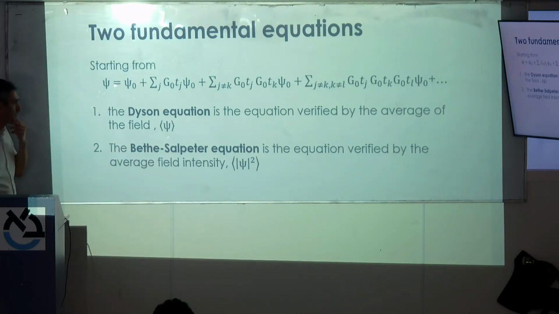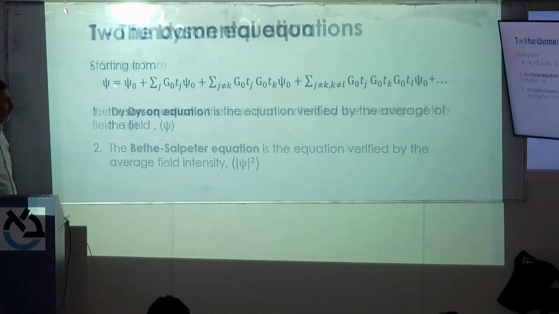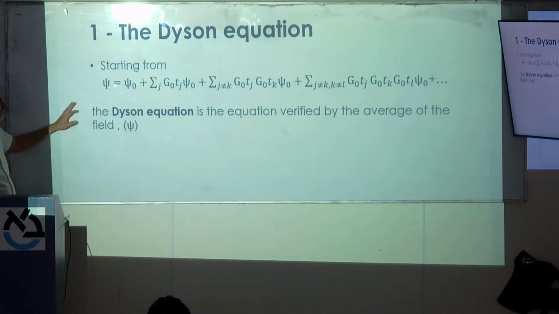They can be quite complicated, but they are the main theoretical tools to describe the multiple scattering. So let's see maybe the Dyson equation, because this one is simple to write.